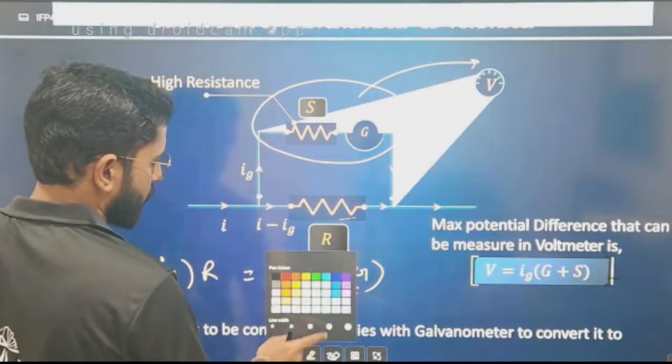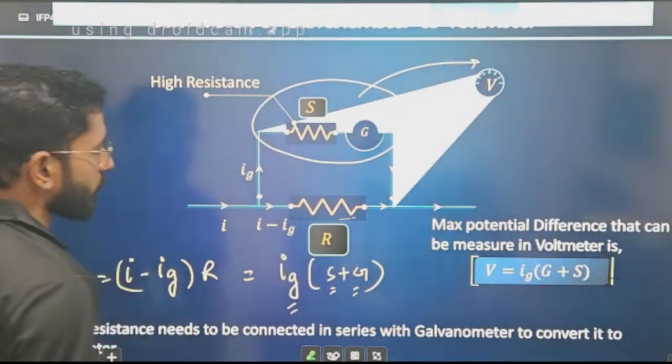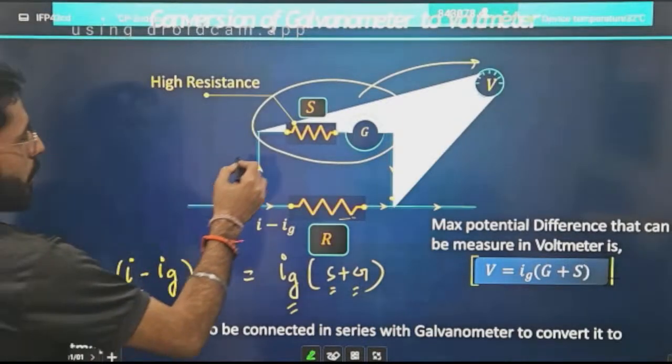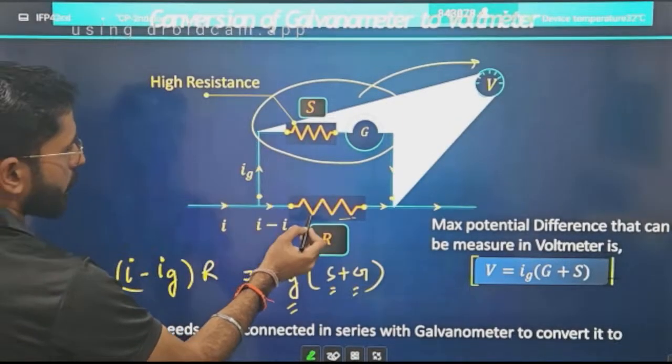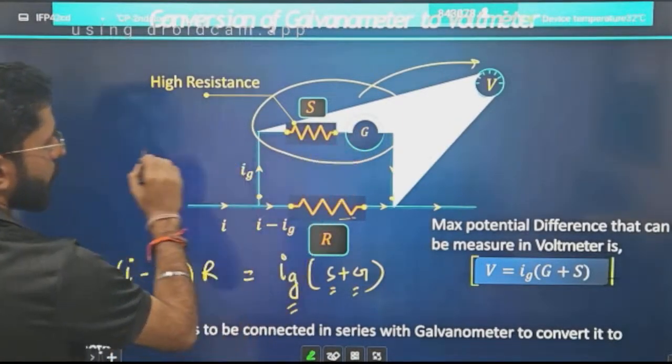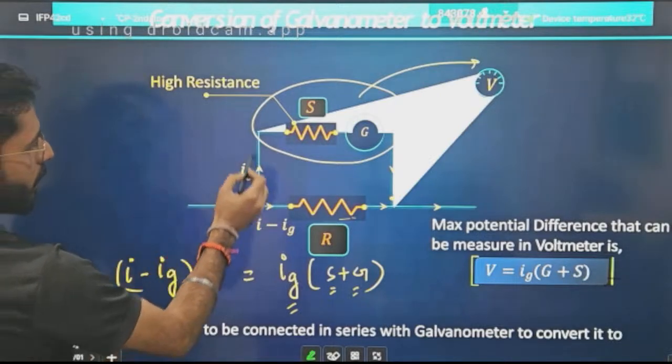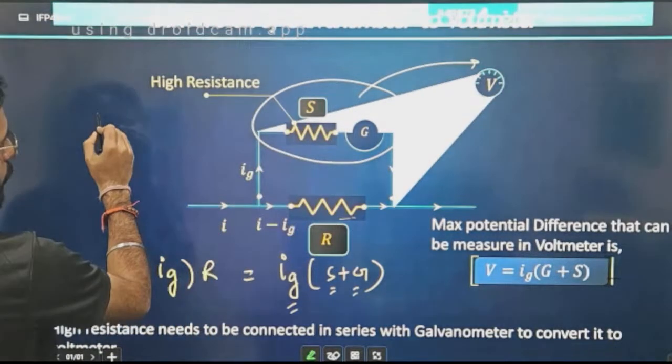How will you write that? Now see, what you will write: the voltage across this one. You will write the current flowing, Ig. That means what is the potential difference across this resistance R?